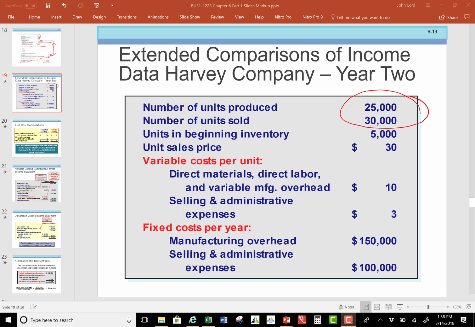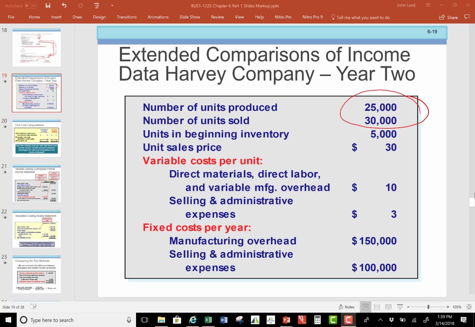Okay, now we understood last time that the difference between variable versus absorption costing is the way we treat manufacturing fixed cost. Under variable, we expense all fixed cost. Of course, we always expense the selling and administrative expenses under both absorption and variable, but under variable, we go ahead and do what? Also expense the fixed manufacturing cost as well.